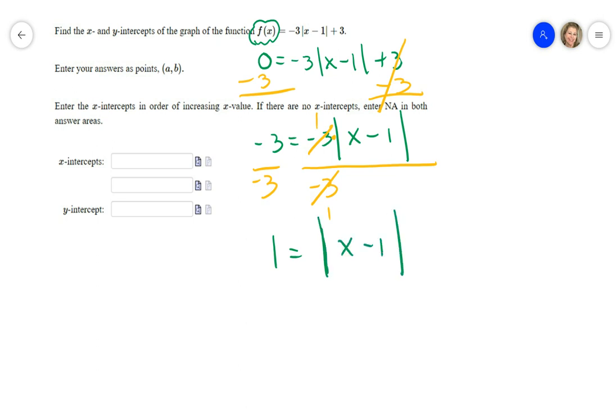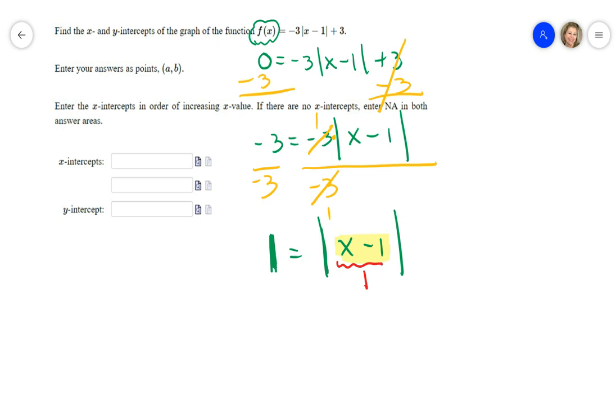And now here you have to realize that absolute value equations always have 2 possible answers. That's because the stuff inside the absolute value, in order for it to equal this 1 out here, this could have been a 1.